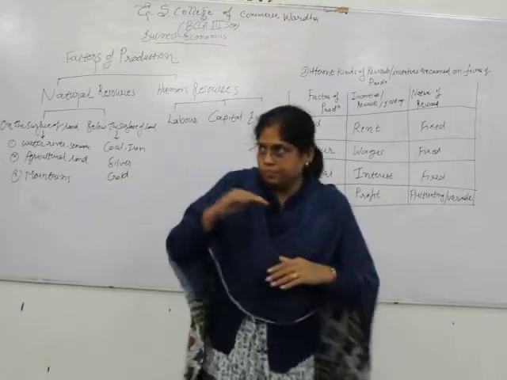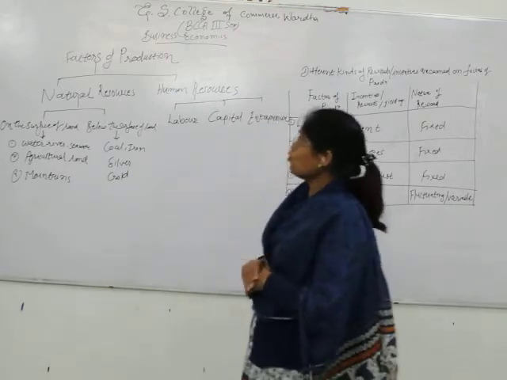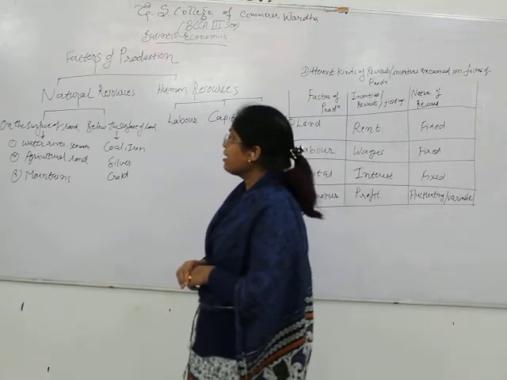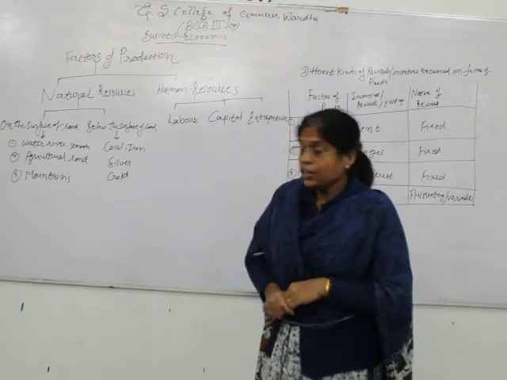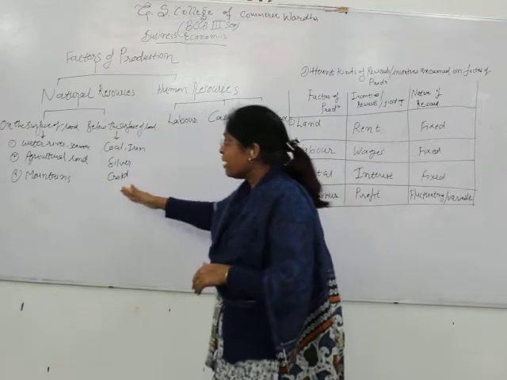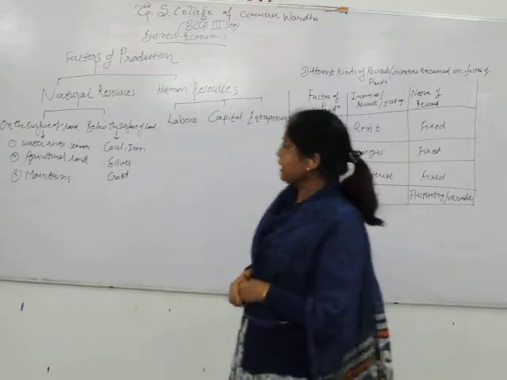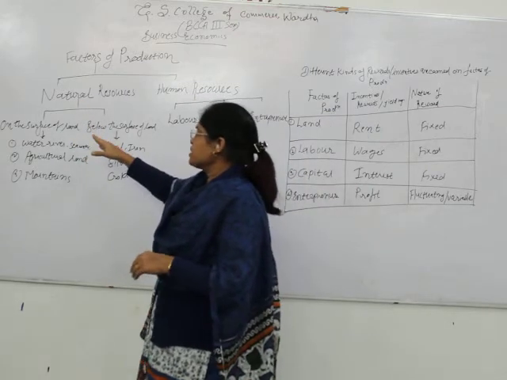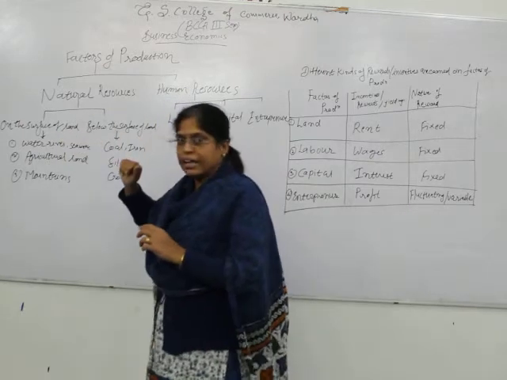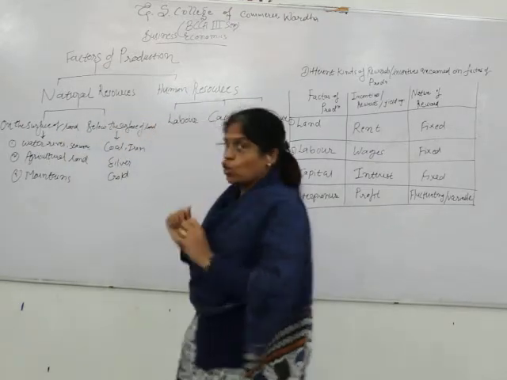So the factors of production have different resources: natural resources and human resources. The natural resources are again divided into two types, those found on the surface of land and those below the surface of land.